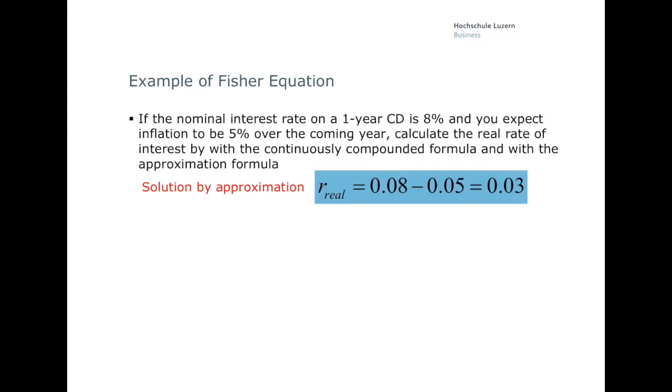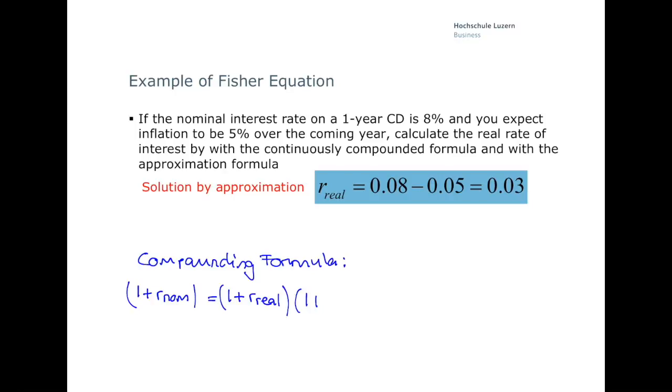Now for the next question, we actually need to calculate the continuously compounded formula. We start from the basic formula, which is actually 1 plus the nominal interest rate is equal to 1 plus the real rate of interest times 1 plus the inflation. Solve this equation also for the real rate of interest.